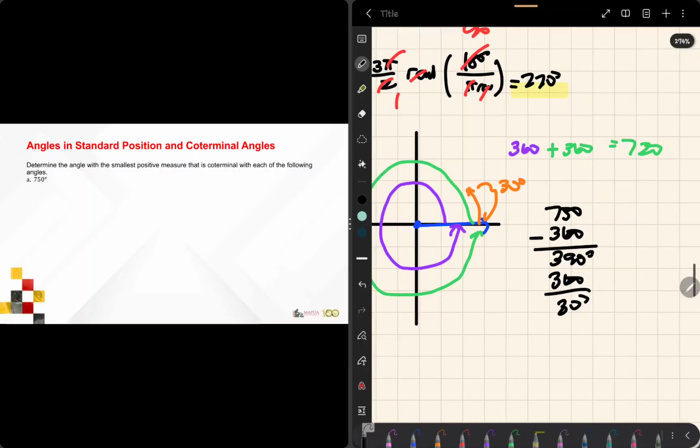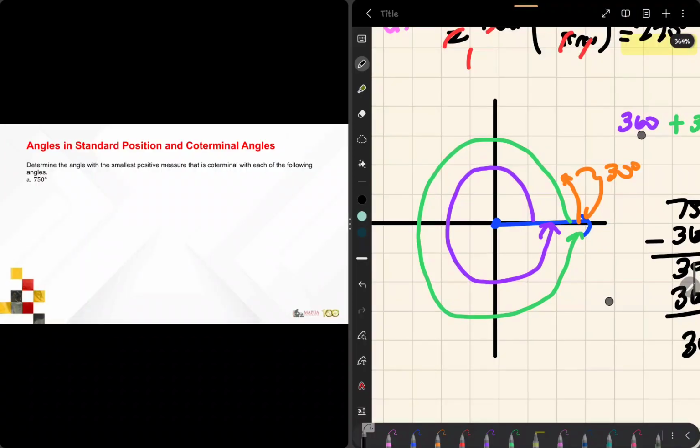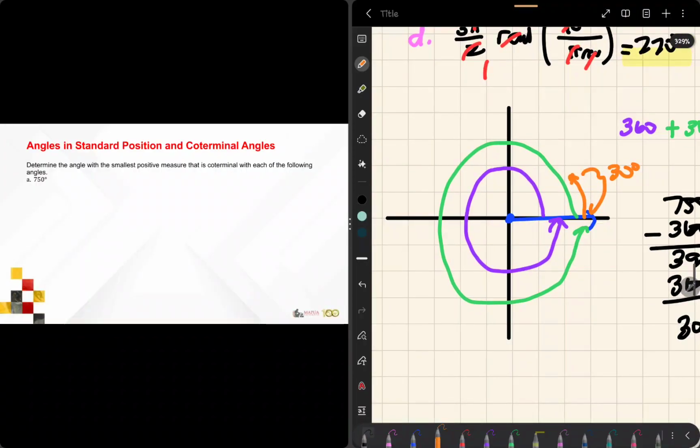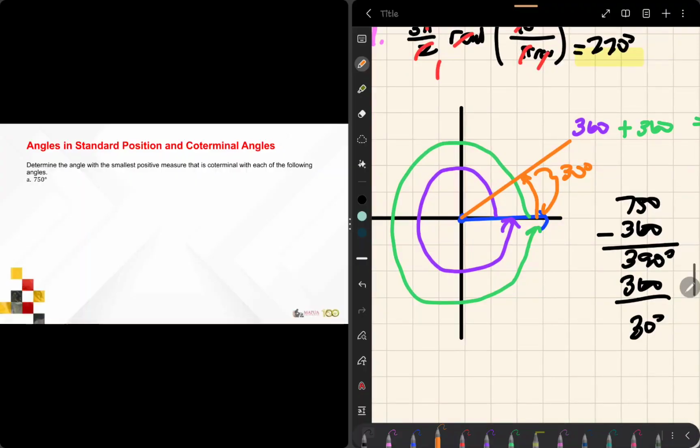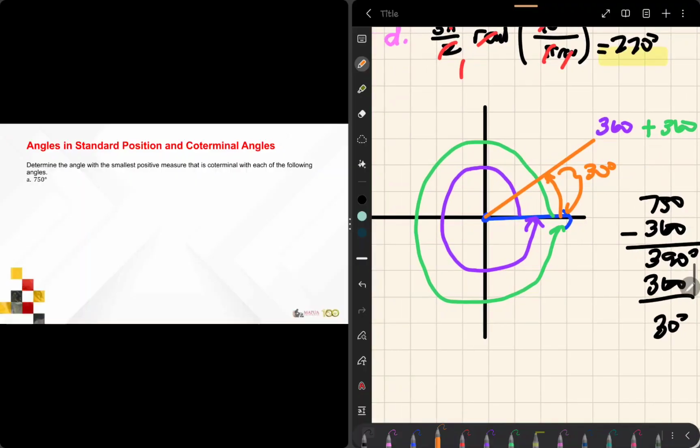So again, if we look at our graph, if we measure it like this, this will be our smallest coterminal angle, and this one from the orange part will be its larger coterminal angle.